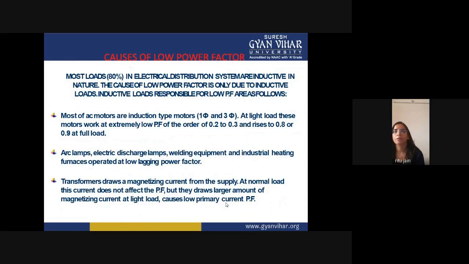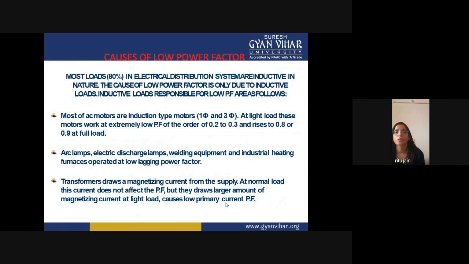At light load, these motors work at extremely low power factor, from 0.2 to 0.3, and it rises to 0.8 to 0.9 at full load. Arc lamps, electric discharge lamps, welding equipment, and industrial heating furnaces operate at low lagging power factor.